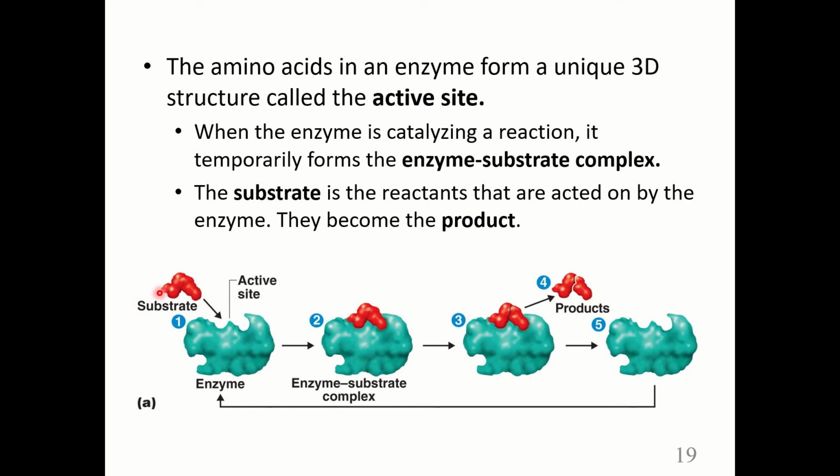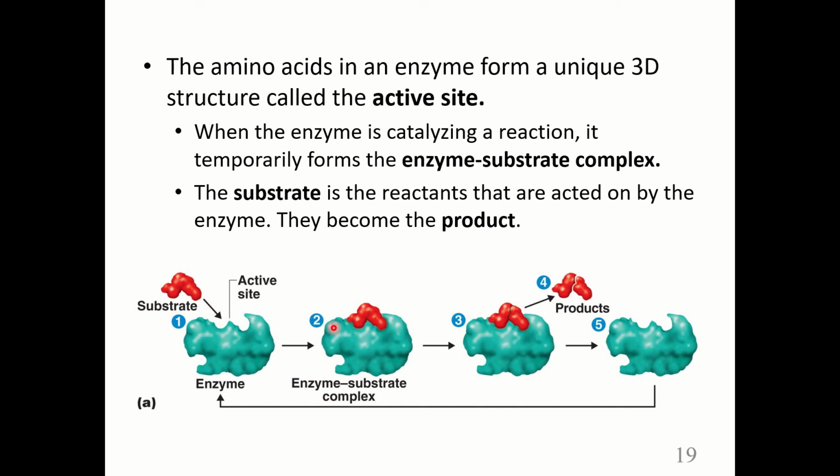This illustration shows the substrate in red. The enzyme is in blue. The active site is composed of amino acids that will react specifically to this substrate. Enzymes have specificity. They will only act on their particular substrate. When a substrate binds to the active site on the enzyme, it forms the enzyme-substrate complex.